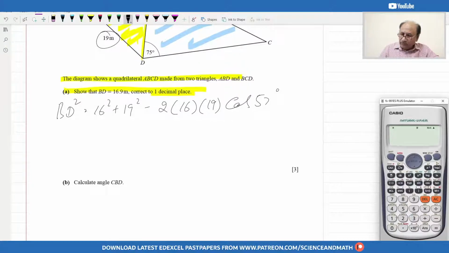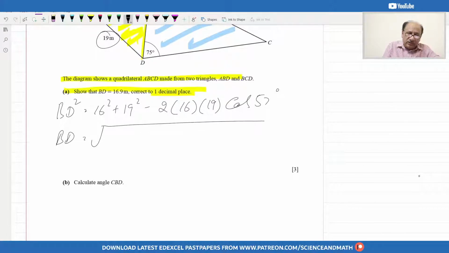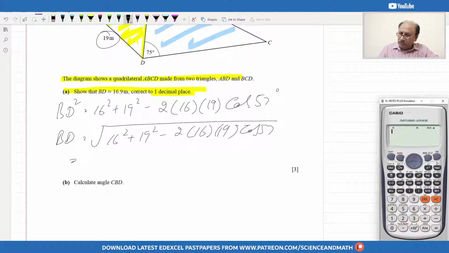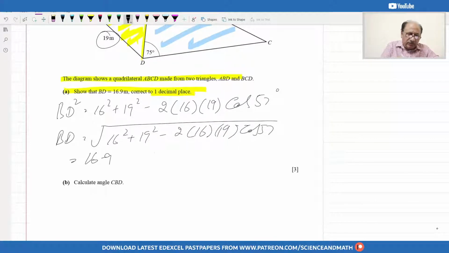BD length will be, first of all I will write in under root format, the square root of 16 squared plus 19 squared minus 2 into 16 into 19 cos of 57, and this results to 16.9 up to one decimal place. So 16.9, this is what we wanted to prove. We have shown this.